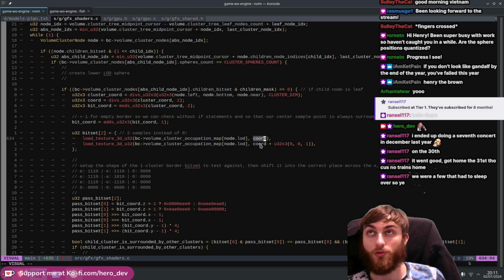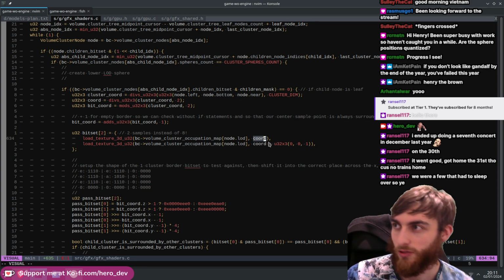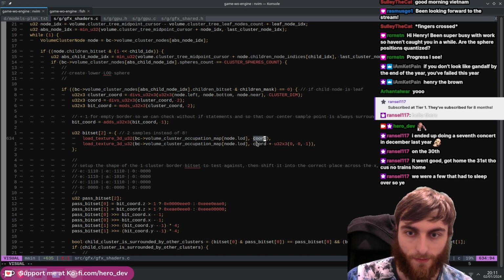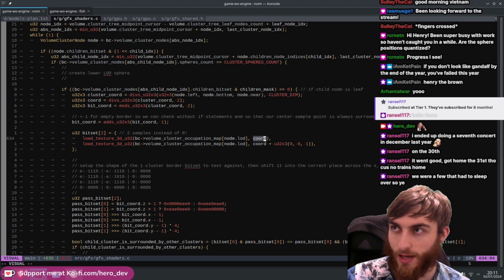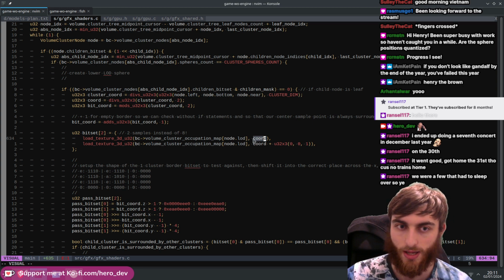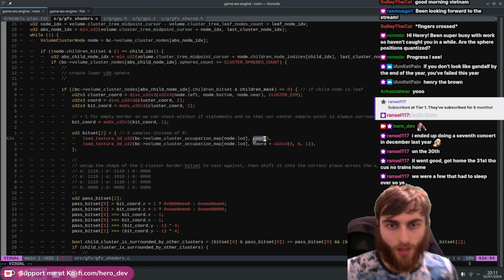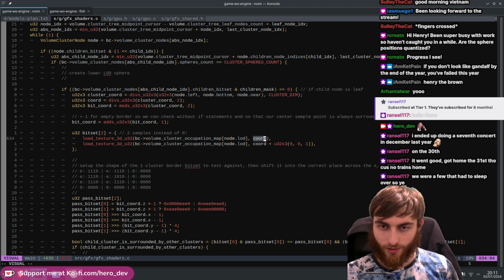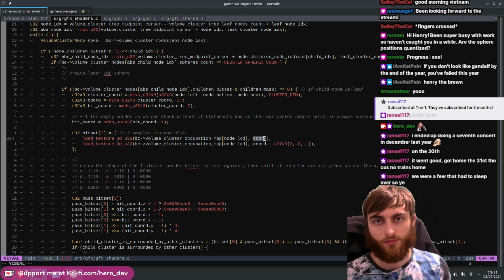Given your current coordinate, so it's a 3D coordinate, into the bit set texture. Each bit set has a 4x4 by 2 of clusters, and when the bit is 1, it means that the cluster has a full set of spheres of 2 by 2 by 2.